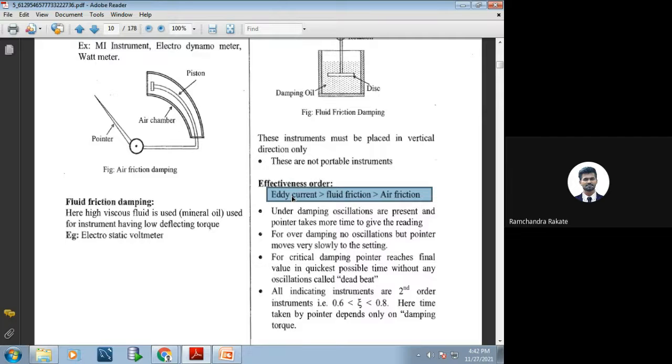In most of the cases we have come across so far, that is wattmeter, dynamometer, electrometer, moving iron instrument, all these use air friction. Correct. So we are working on this air friction damping.